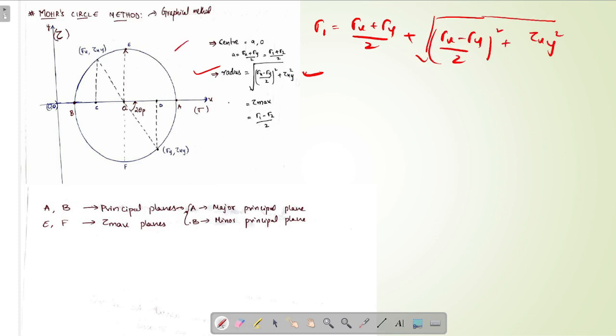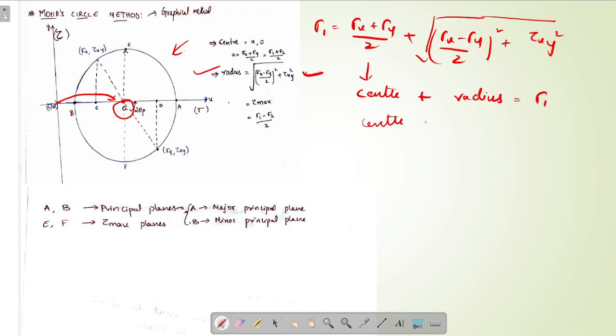If we see this in the Mohr circle, OA is nothing but from O to small a, that is the center, plus the radius of the circle. Okay, that gives the major principal stress.